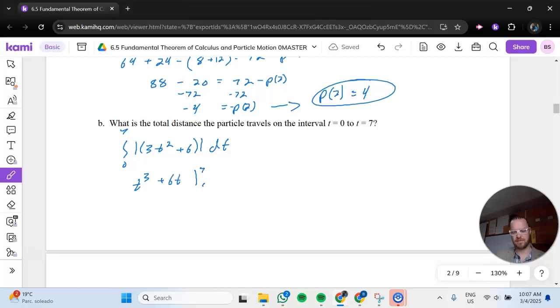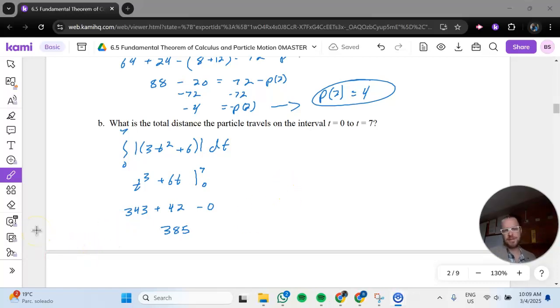And we're going to evaluate that from 7 to 0. So in this particular case, that's going to give us 7 cubed plus 6 times 7, 343 plus 42. And so 385, and of course this is minus 0, because 0 times those things isn't going to matter.